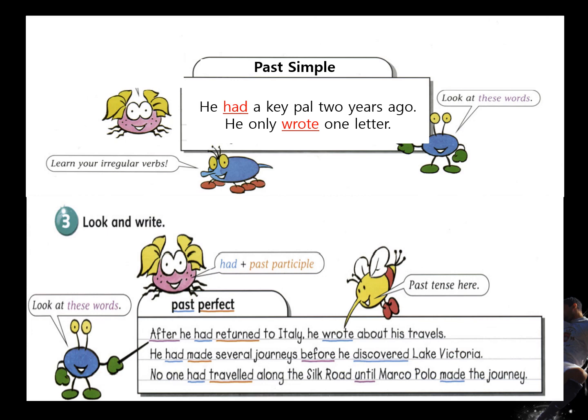On the third sentence, no one had traveled along the Silk Road until Marco Polo made the journey. So the past perfect tense here is had traveled. Auxiliary verb had plus the past participle form of the verb traveled. In another part of the sentence, it uses made, which is the past tense of the verb.